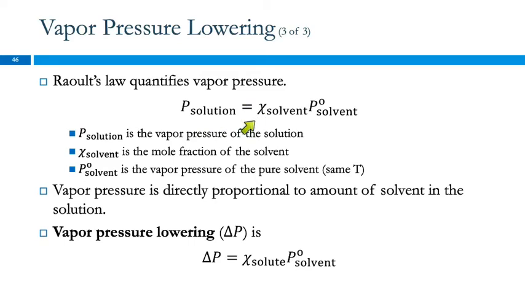That is Raoult's law, but a more useful version of it is the vapor pressure lowering. And there's a very subtle difference here. This is the mole fraction of solvent. This is the mole fraction of the solute. So that's going to give us the change in the vapor pressure. The original pure solvent vapor pressure times the mole fraction of the solute is going to give us the change.